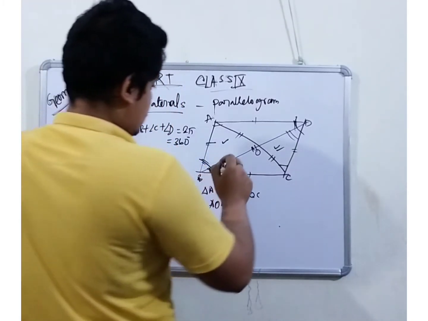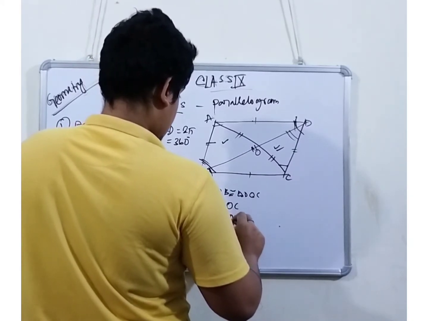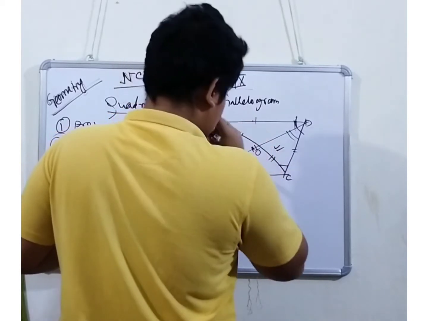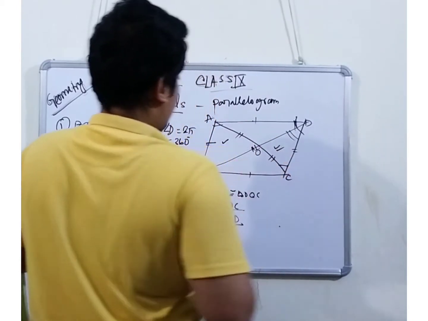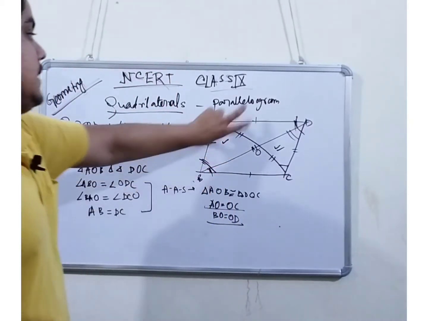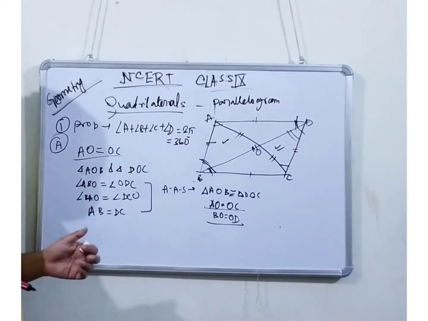And not only that, BO is equal to OD. So O is the bisection point, and AC and BD bisect each other. So this is the proof of this theorem. The next theorem we will do after that.